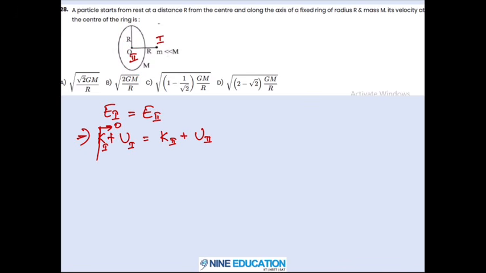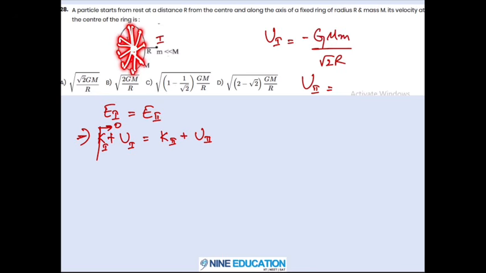Therefore, initial potential energy is equal to minus G capital M small m divided by the distance, which is root 2r. And final potential energy, when the particle is here, every other particle of the ring is at an equal distance of r from this small particle.